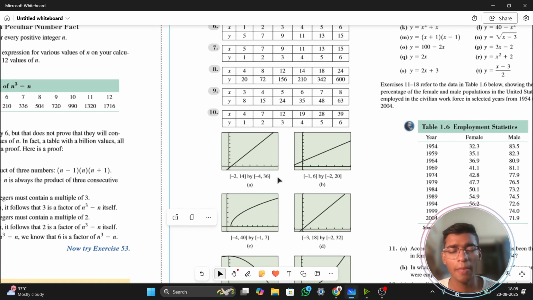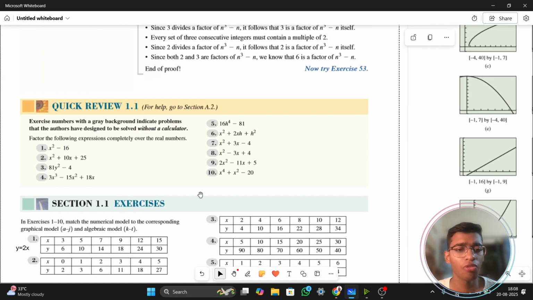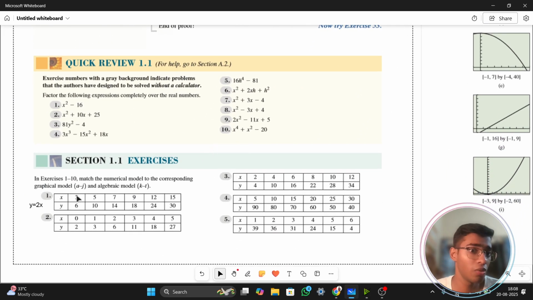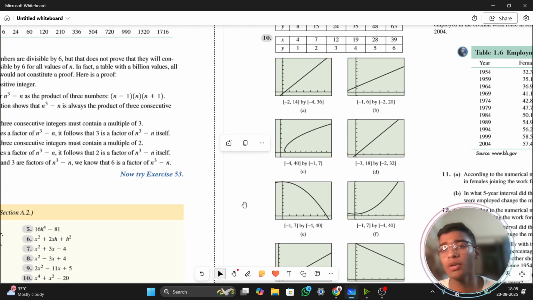If you see here, this is model A. When the value of x is 0, y should also be 0, meaning my line should pass through the origin and follow the y equals 2x pattern. Let's see which of them follows this pattern.